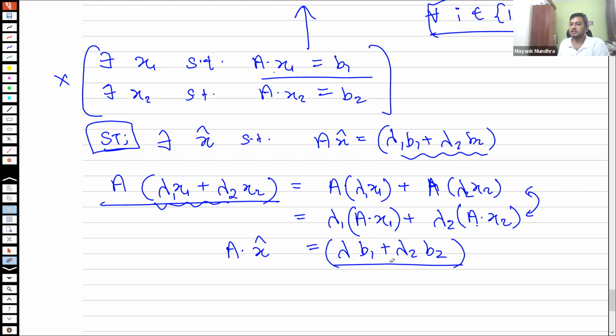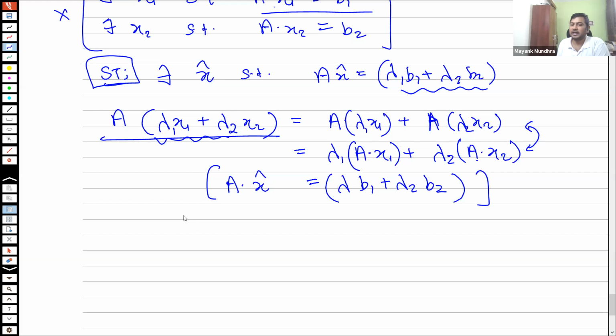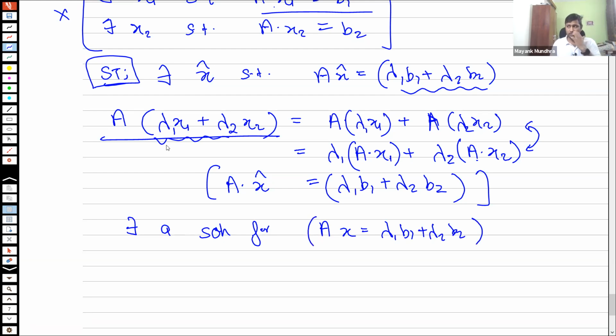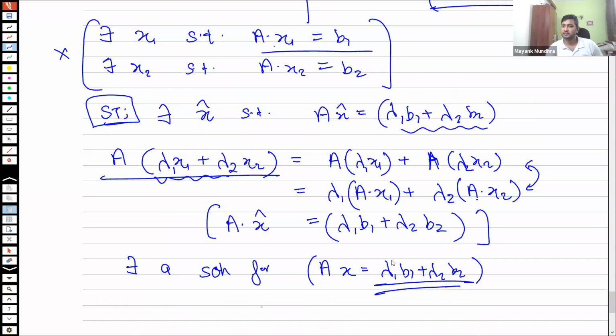A times x hat is equal to lambda 1 b1 plus lambda 2 b2, which implies that there exists a solution for Ax equals lambda 1 b1 plus lambda 2 b2. I'm not interested in finding the solution. Right now I'm content with the existence of a solution, because if a solution exists, it implies that this thing is also in the column space.